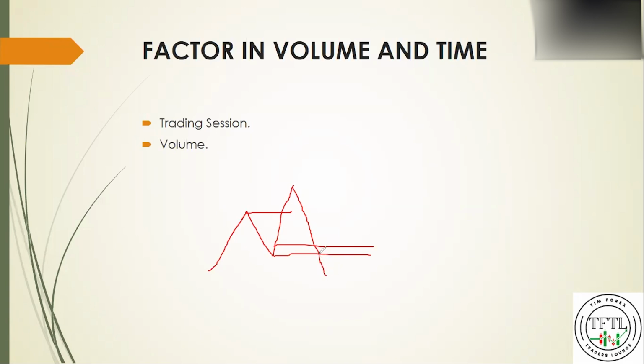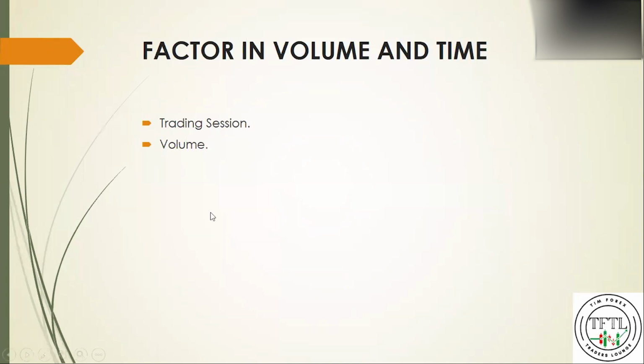When it is breaking here, sometimes we want to look at the volume around this particular level. And also when it retraces here again, we want to look at the volume at this point, which will help in terms of increasing the trade's momentum, right?